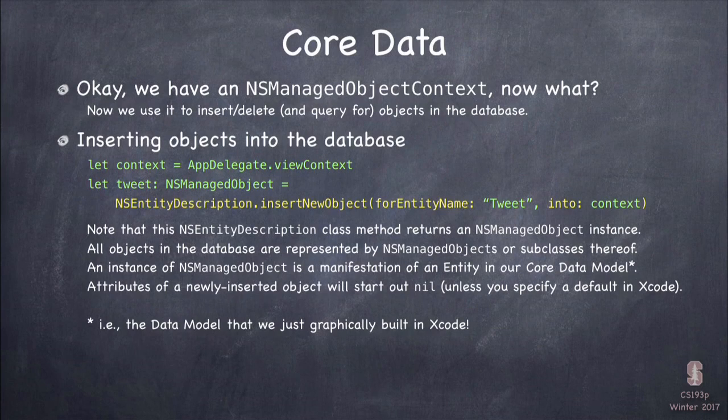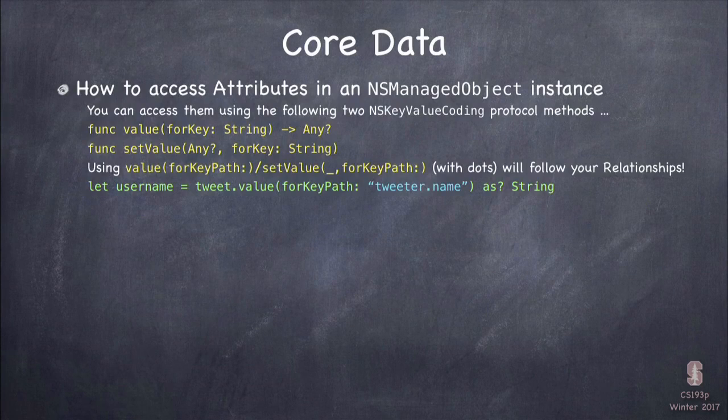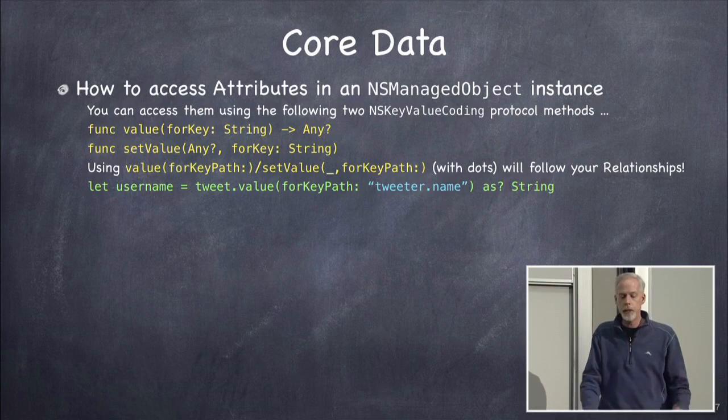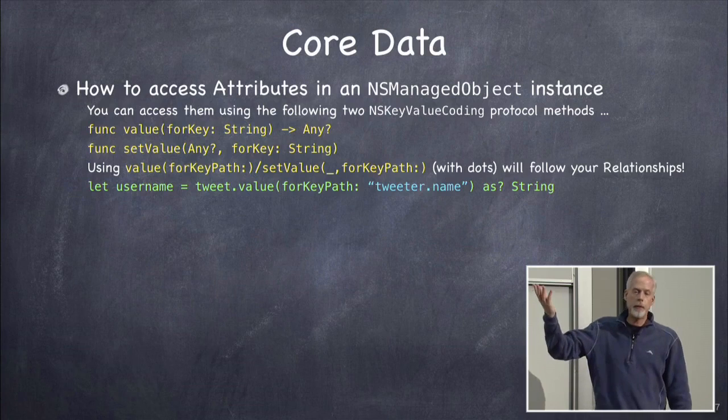So that's great. I can now create one. And now I need to set those vars to have some value. I need to set the text of the tweet and things like that. And I told you I'm going to do this with value for key and set value for key. So for example, I wanted to set, let's say the text.